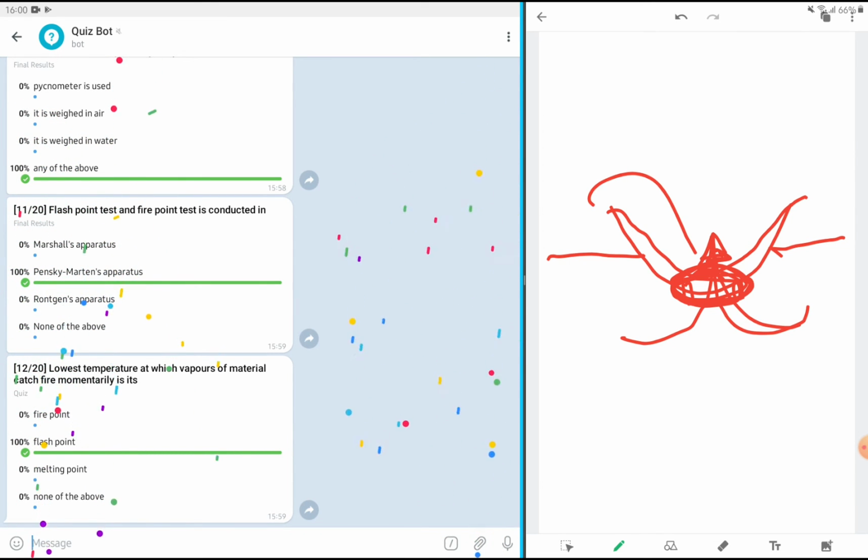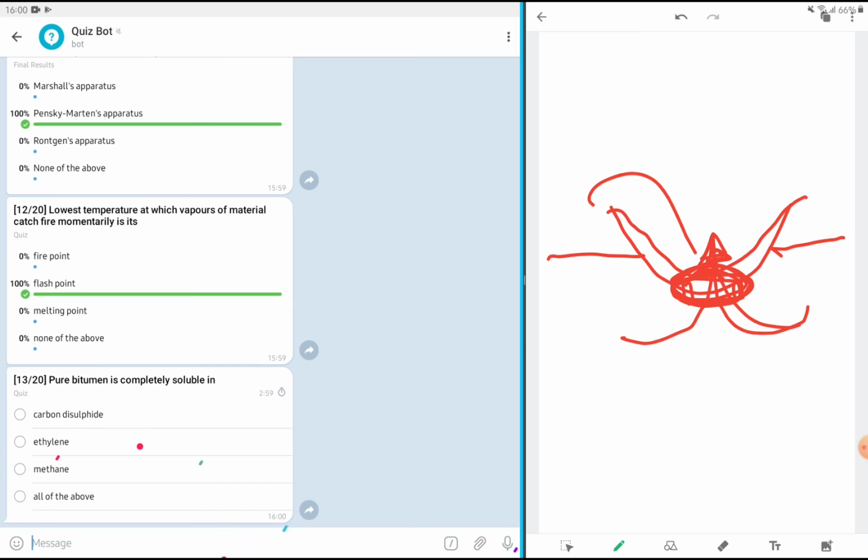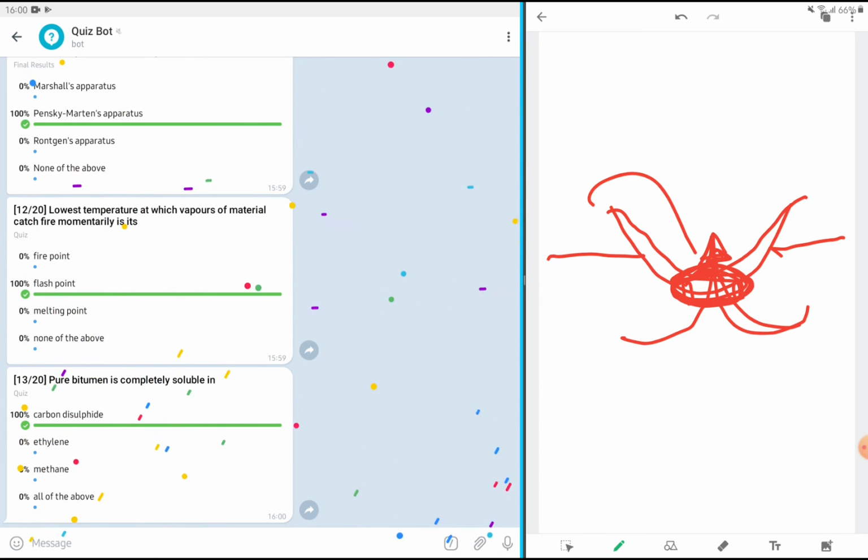All right. Then pure bitumen is completely soluble in carbon tetrachloride and in carbon disulfide. Pure bitumen is completely soluble. Here we can see carbon disulfide. Yes. Is it ethylene or methane?